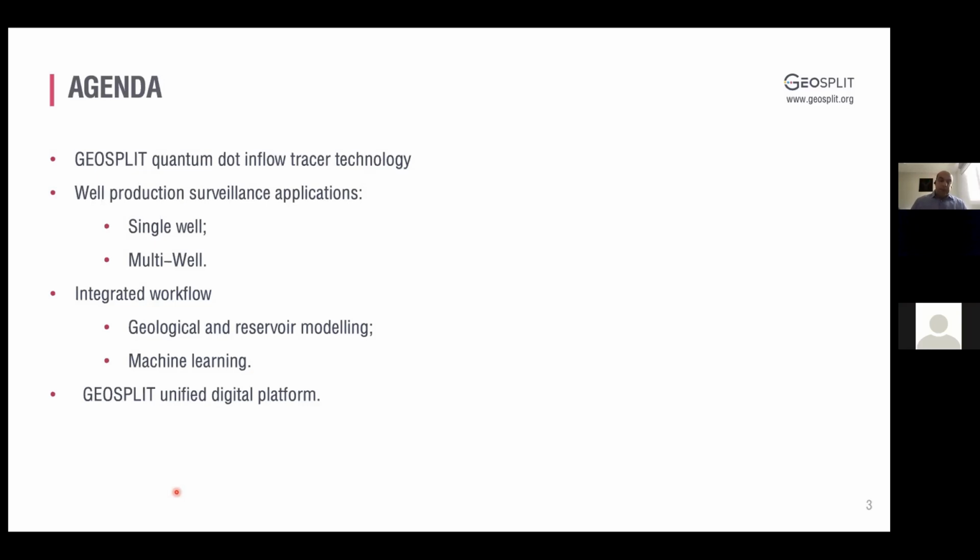I will also spend a couple of slides at the end explaining the GeoSplit unified digital platform, which is proprietary software that we developed. It is basically a central dashboard that we use internally and which the end user can also use in analyzing different field development strategies.